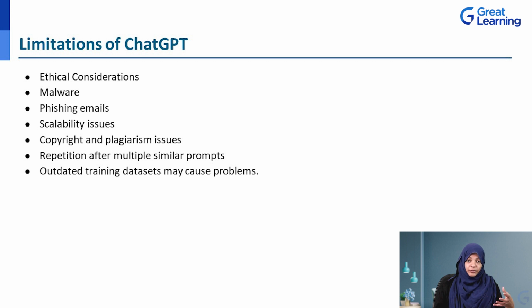ChatGPT, after a couple of points or after a couple of keywords or iterations, starts repeating the responses. So for example, if you have a constant array of 10 to 15 prompts of a similar type, you will find that after around 10 prompts, the answers would start repeating. So let's take an example of sun, sand, and beaches.